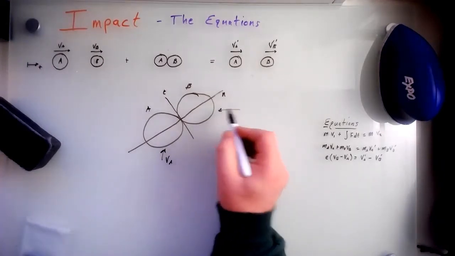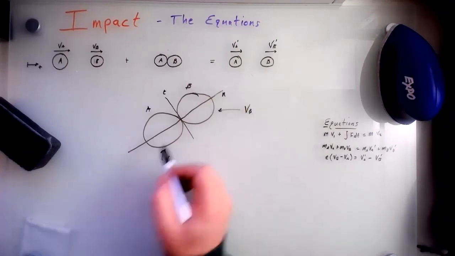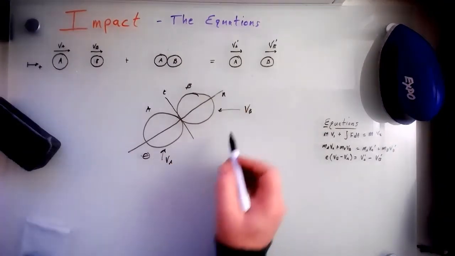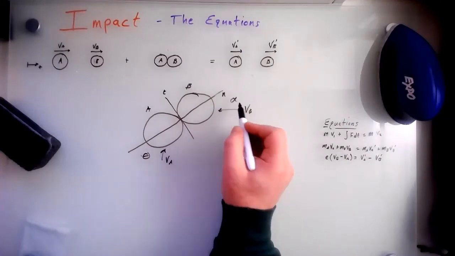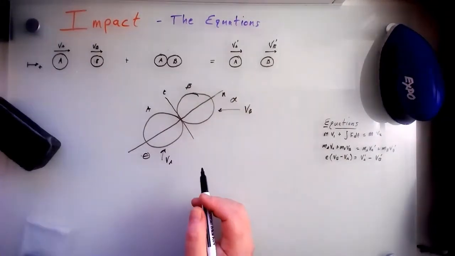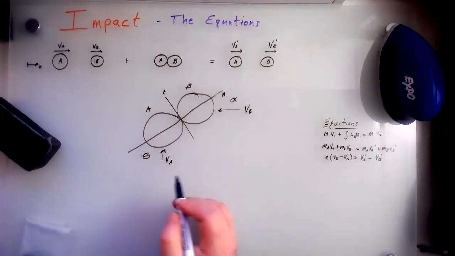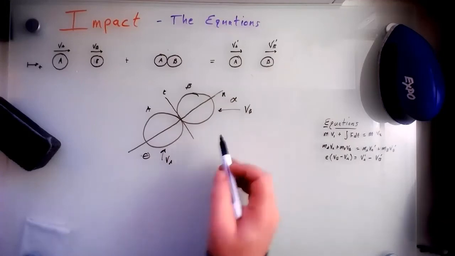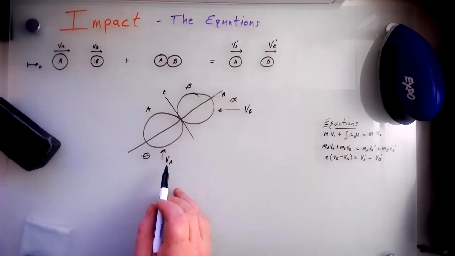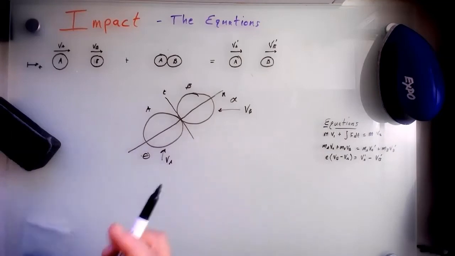Let's just say that VB is here and maybe there's some angle theta and some angle alpha, right? So what this implies is that there are two components of each: the velocity in the normal and the tangential direction.